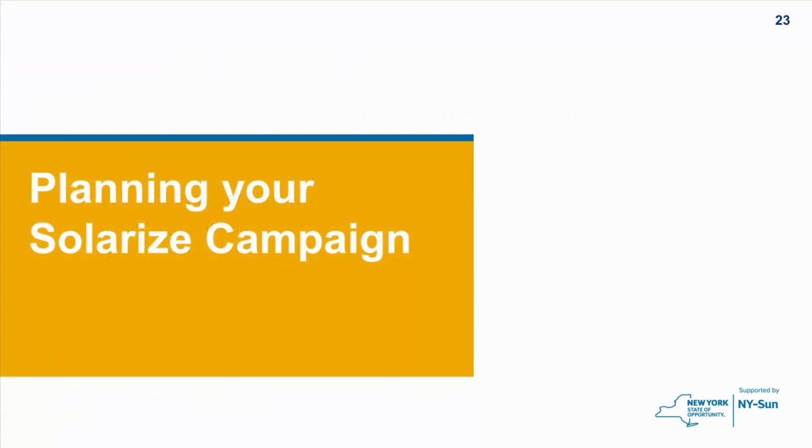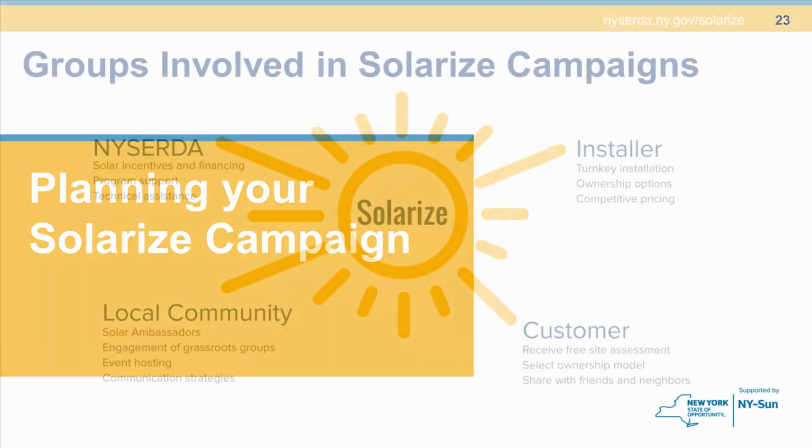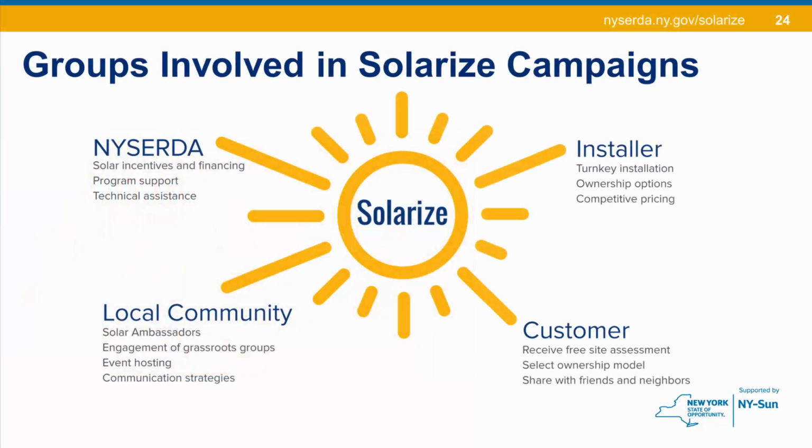We'll now go through the components of how to plan your Solarize campaign. Solarize campaigns often involve several different types of groups, including the local community, NYSERDA, the selected solar installer or developer, and the solar customer. Members from each of these groups could fulfill a number of potential roles.